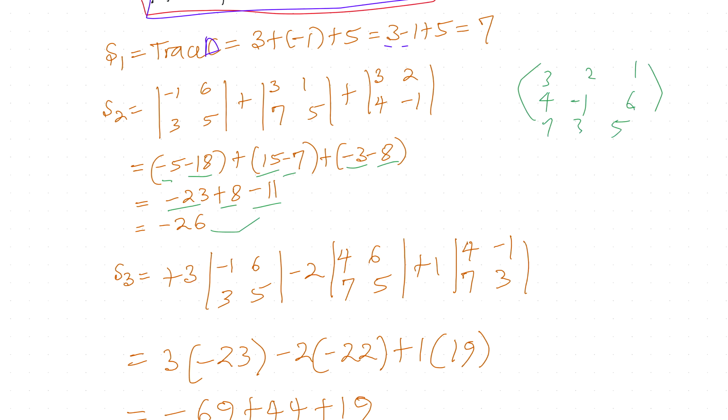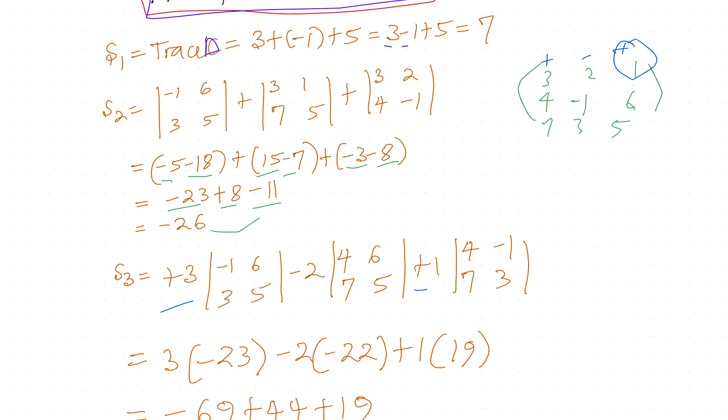Plus, minus, plus. So plus 3 into cross, cross, minus 1, 6, 3, 5. Then minus 2, cross, cross, 4, 6, 7, 5. Then plus 1, cross and cross. So you have 4, minus 1, 7, 3.